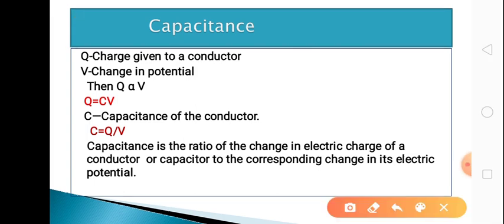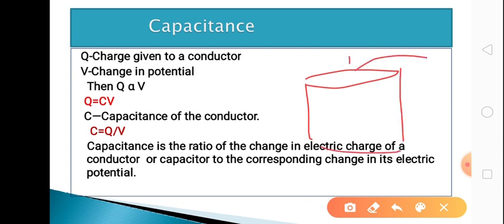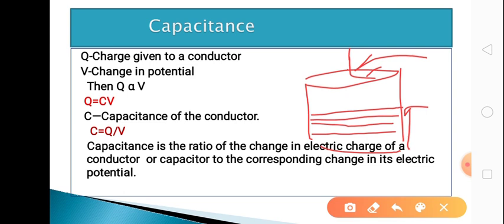Let's consider a container. You are adding water to this container. When you are adding water, you see, there is a change in its level. The change in the level is due to the addition of water. This addition of water can be compared here with the charge.